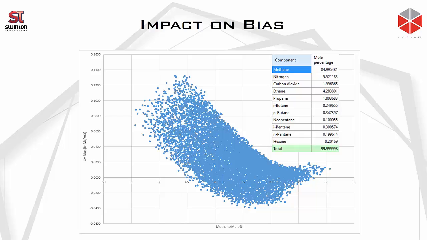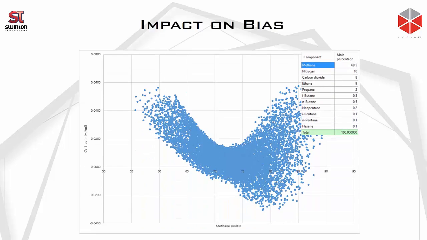Now if we operate, let's say, at 70%, we don't really want to have a calibration gas such as this. If we now have the calibration gas that sits at around 70% methane, this is the bias distribution that we have.